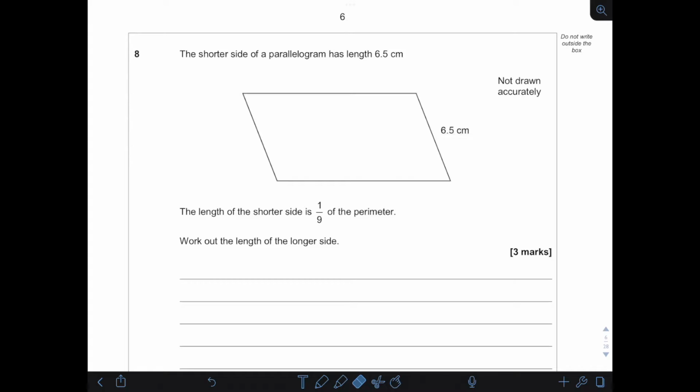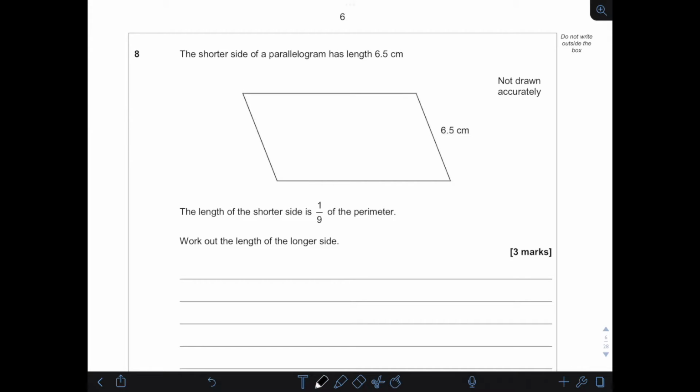Right, so at question 8, we have a geometry question. The shorter side of a parallelogram is 6.5 and the shorter side is 1/9 of the perimeter. So we can do some algebra.